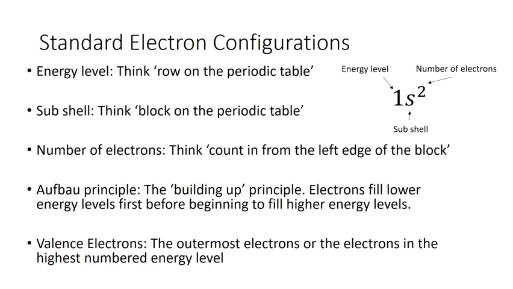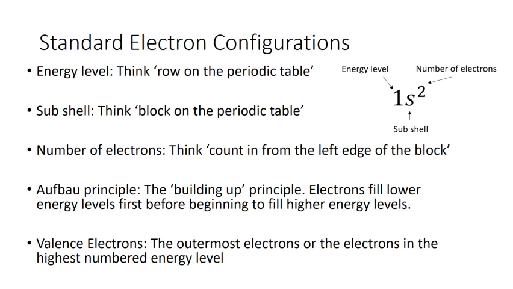Then some terms you should be familiar with: the Aufbau principle. It means the building-up principle, and basically it means that electrons fill lower energy levels first before filling anything higher. So every electron configuration starts with 1s and works its way up from there.